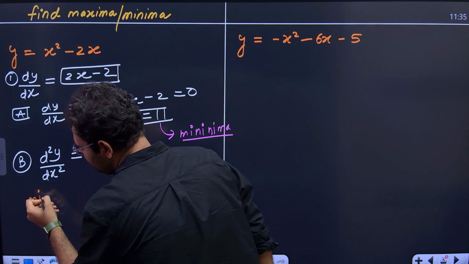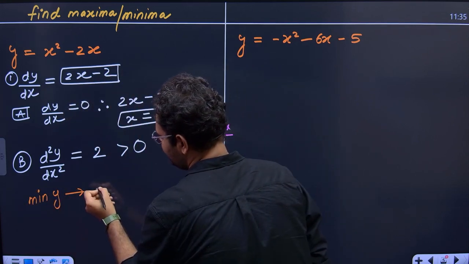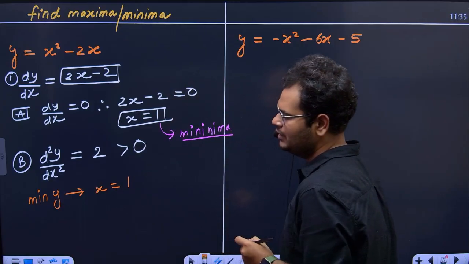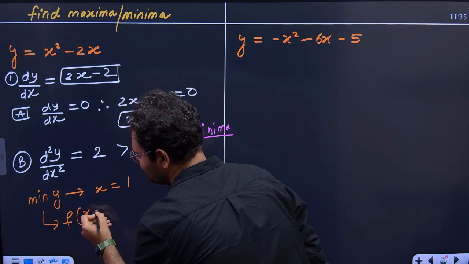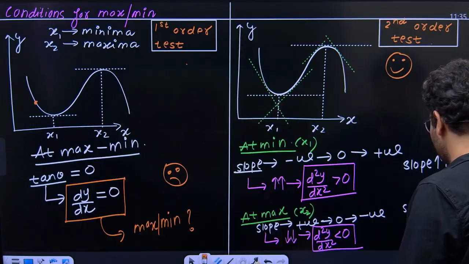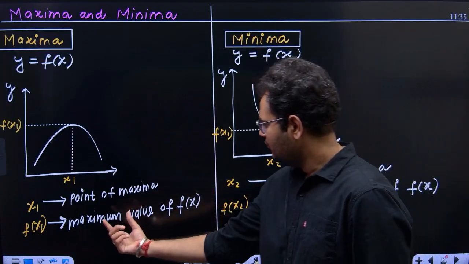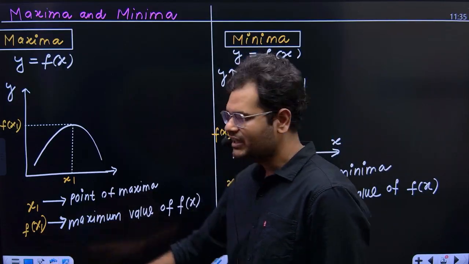Where does the minimum value of y take place? At x equal to 1. So for minimum y, I will substitute x equal to 1 inside the function. I have already told you here how to find the maximum and minimum value: you just substitute x1 or x2.